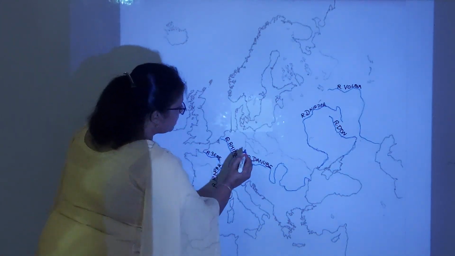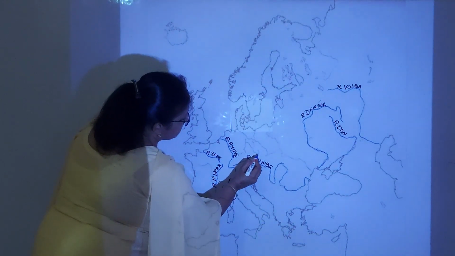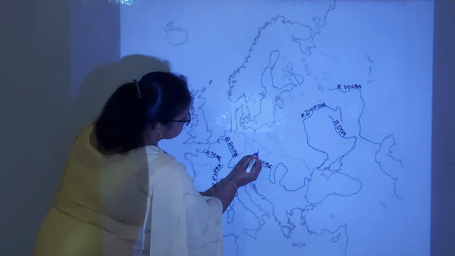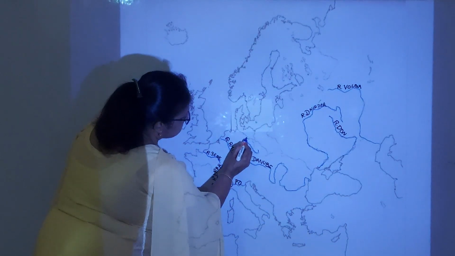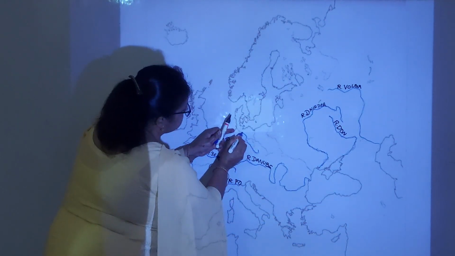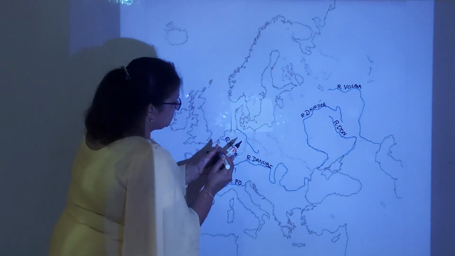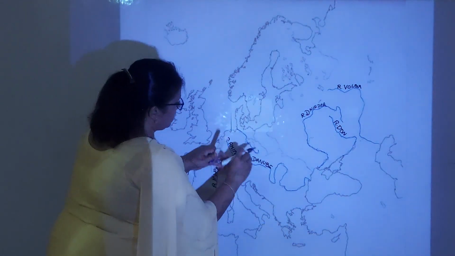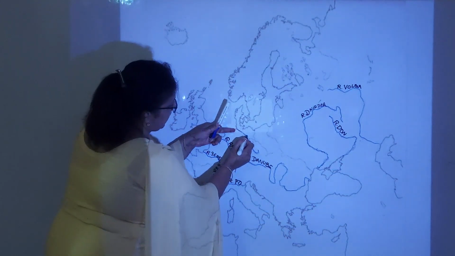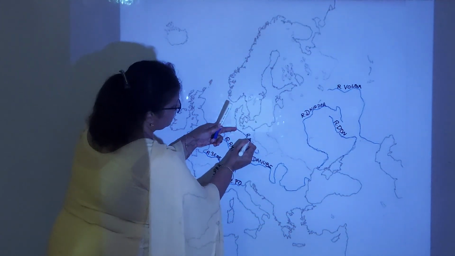Next we come to the river Elbe. It falls into the North Sea just like river Rhine, and you will write over here river Elbe.